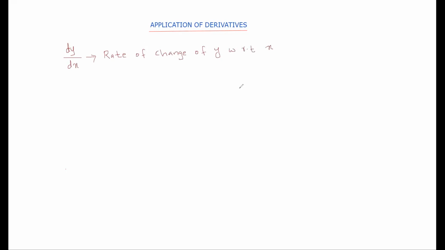Dy by dx is the derivative of y with respect to x. That is actually the rate of change of y with respect to x, but that is not in your syllabus this time, just for your information.